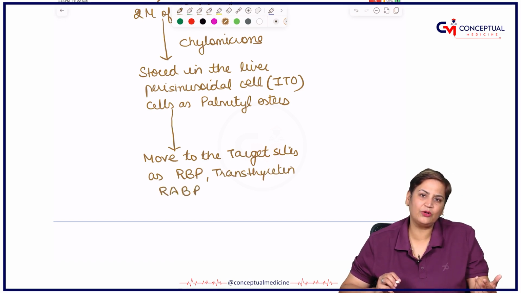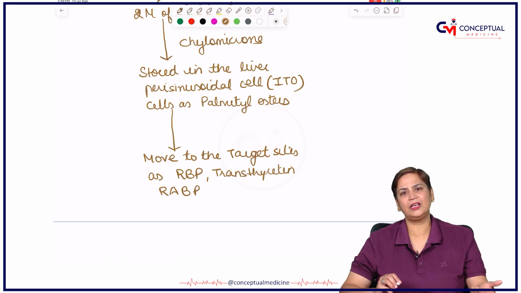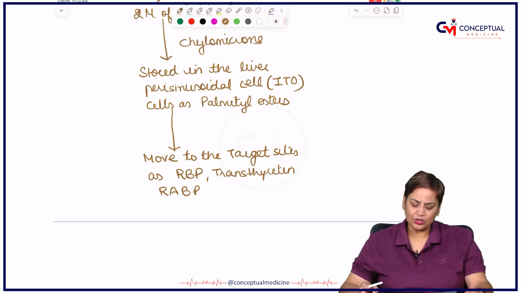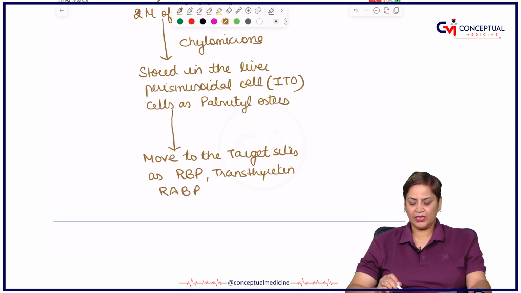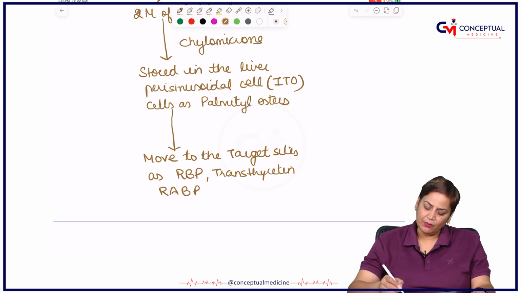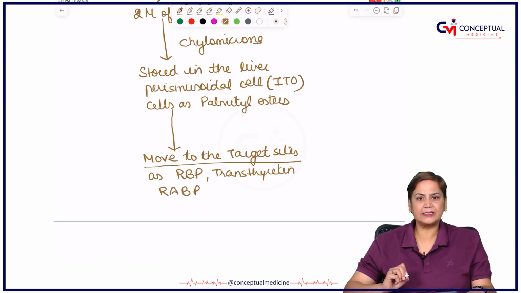The moment they enter into circulation, they will seek a carrier protein. Just like we discussed in lipoproteins, whenever any lipid molecule which is non-polar has to move in circulation, it requires a carrier molecule, and that carrier is generally a protein. So here also you can say it is retinol binding protein, transthyretin and retinoic acid binding protein which will move to the target sites.